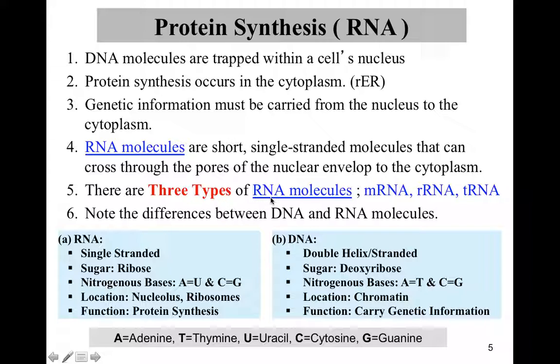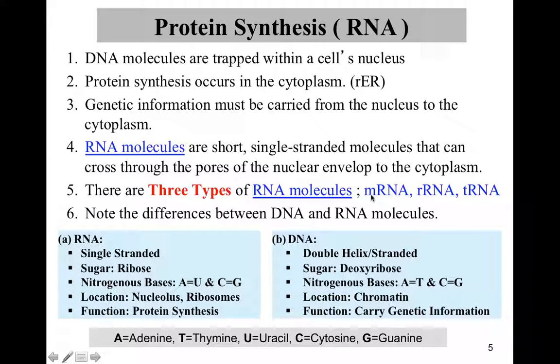The RNA molecule is further subdivided into three types. mRNA, messenger RNA, carries the message. rRNA, ribosomal RNA, is part of the ribosome, whether free or on the rough ER. tRNA, transfer RNA, transfers the amino acid to the newly formed protein.